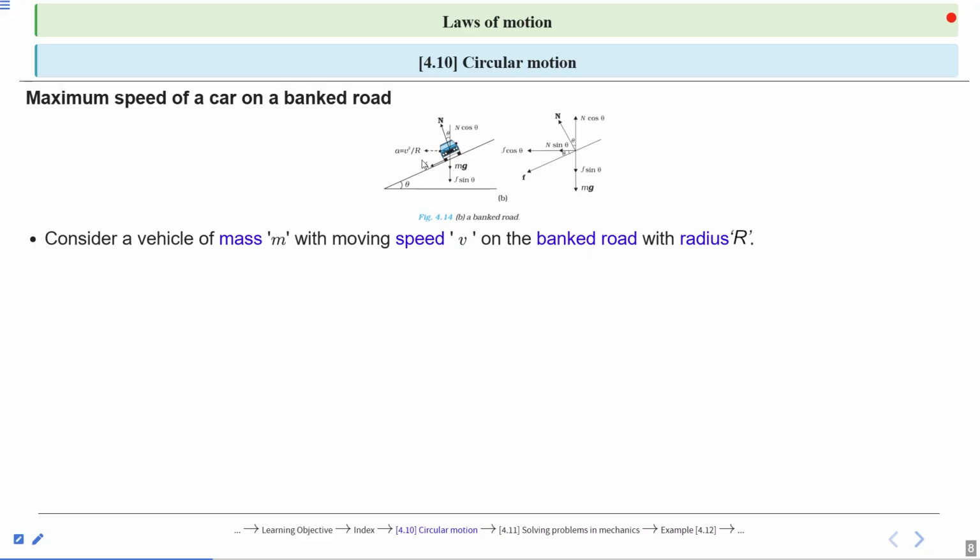Suppose we have a vehicle of mass m, moving with speed v on a banked road. We know what a banked road is, we already learnt it. So the speed is v and the radius we consider is capital R.